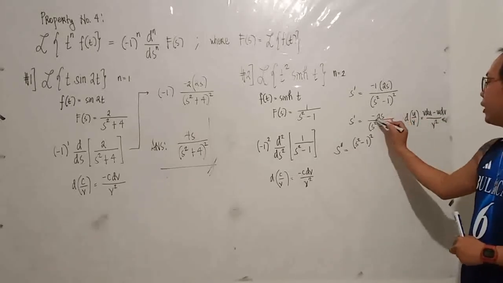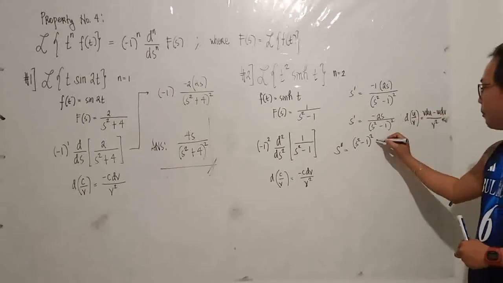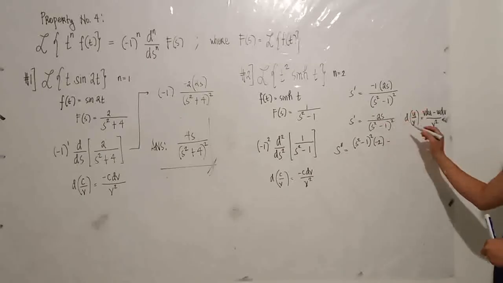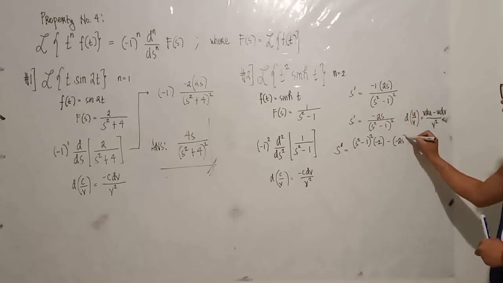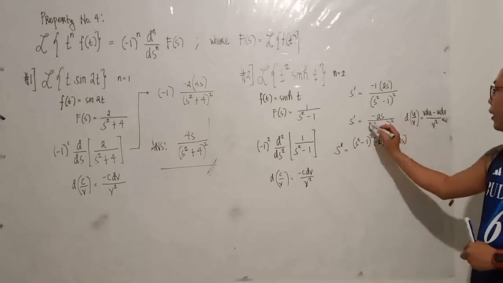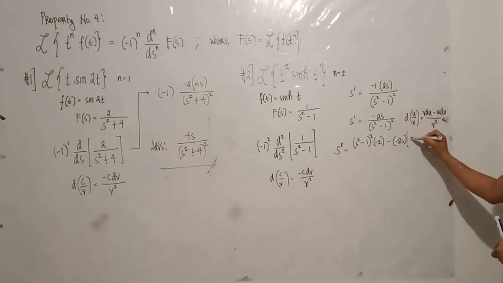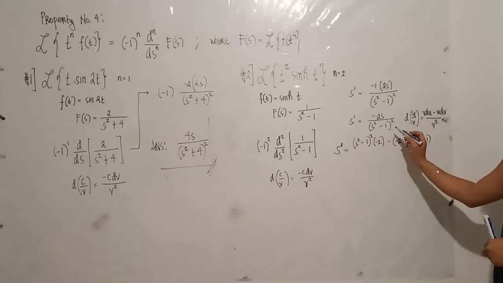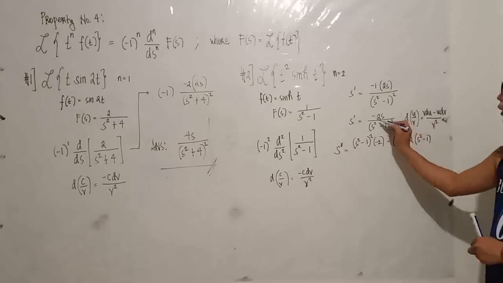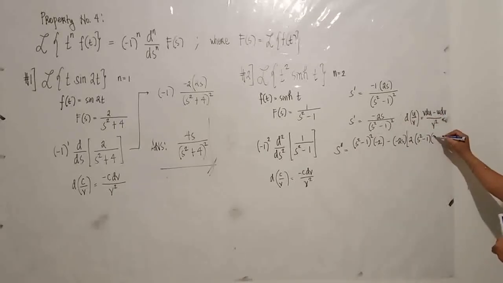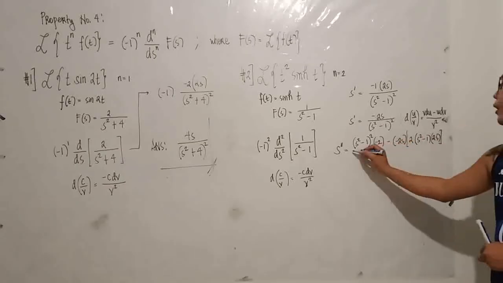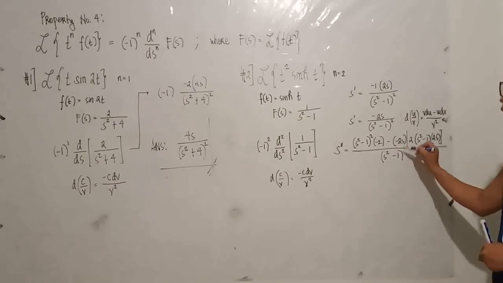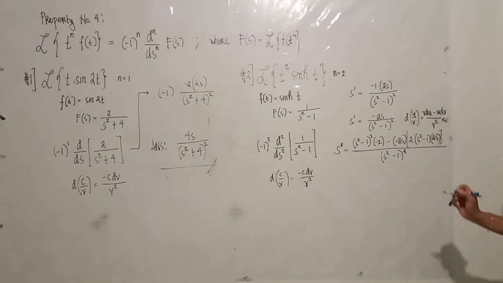Then the derivative of your numerator, which is negative 2, minus your numerator, which is negative 2s, multiplied by the derivative of your denominator, which will be 2 multiplied by s squared minus 1. Then that becomes just 1. Then, the derivative of the inside, which is 2s, over s squared minus 1 squared, that is raised to 4.